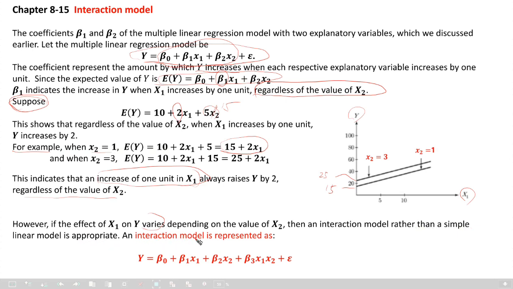The interaction model just adds one term: y equals beta 0 plus beta 1 x1 plus beta 2 x2 plus beta 3 x1 x2, the product of x1 and x2, plus epsilon.